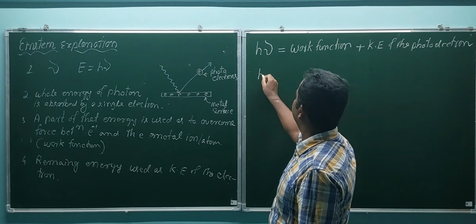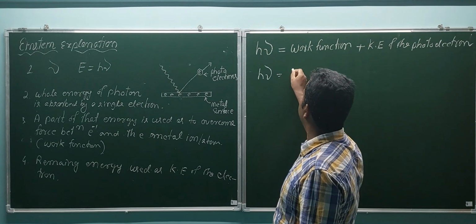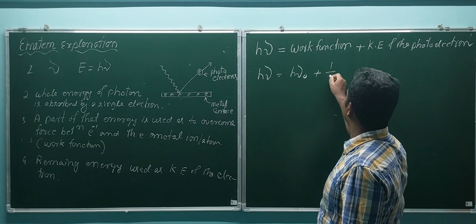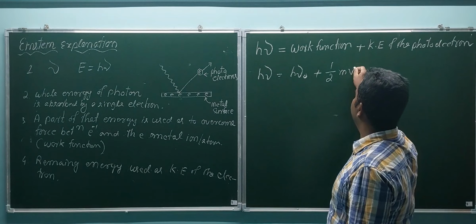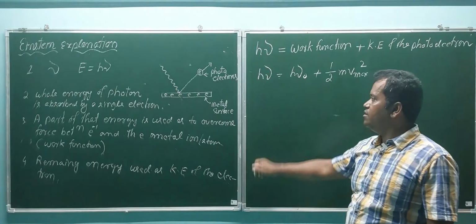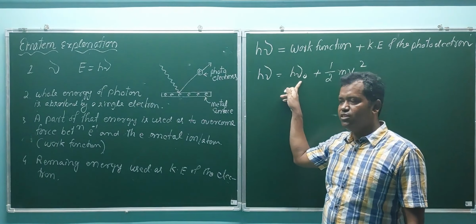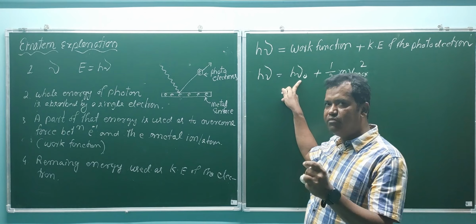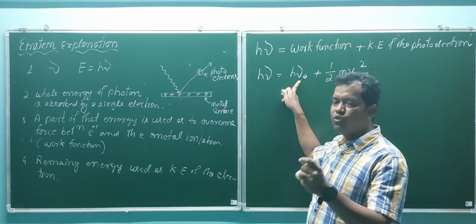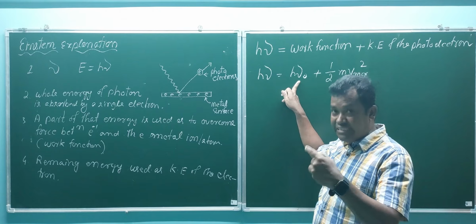So we can write h nu equals work function, h nu naught, plus half m v max square. Here nu naught is the minimum frequency of the incident radiation needed to eject electrons.